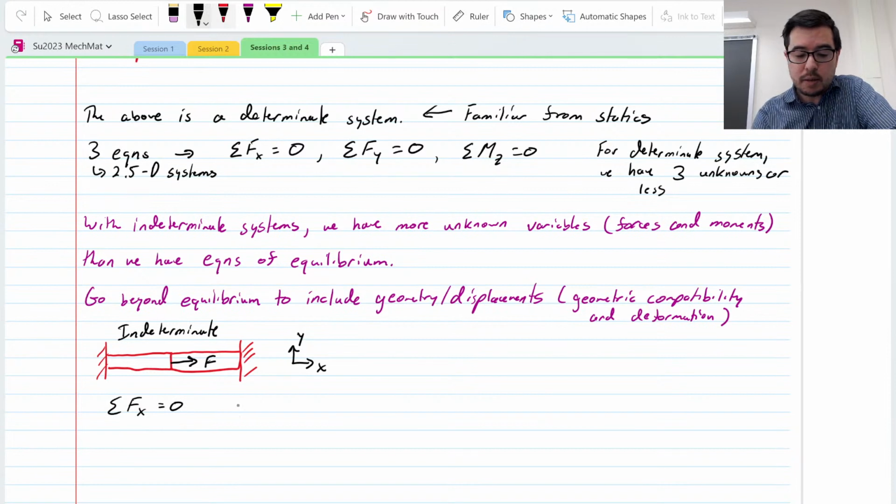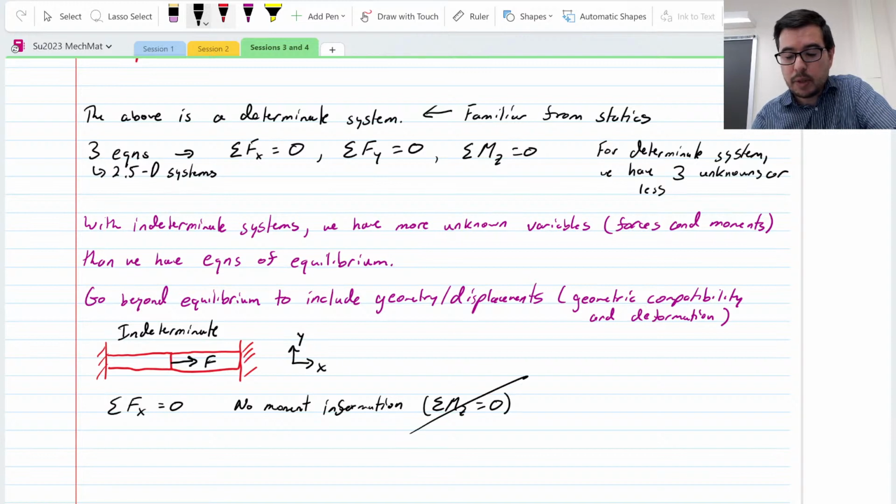There's no moment information, so we can't really use that, and there's really no sigma Fy in this problem.